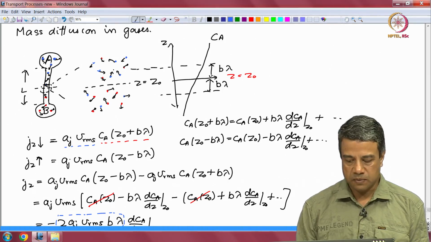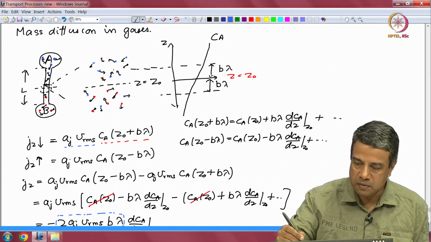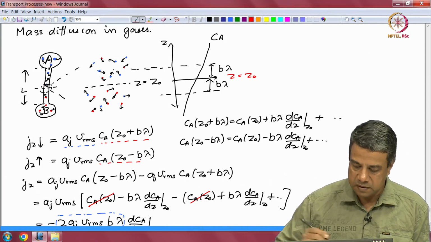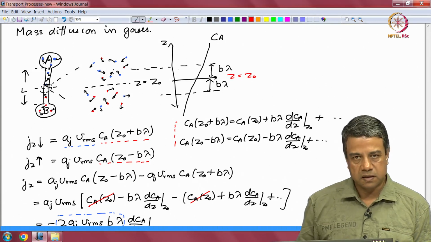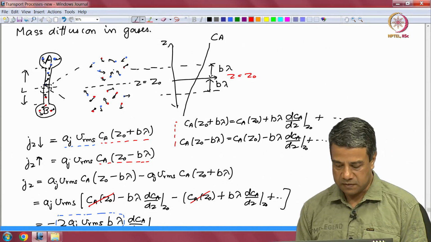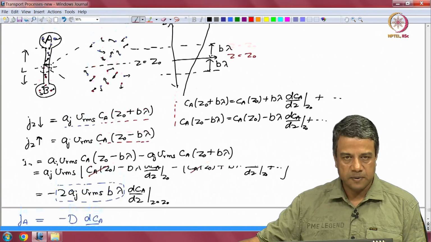Similarly, the molecules going upward come from a distance approximately 1 mean free path below the surface. And we had written down expansions for both of these, concentration above and below the surface, and substituted that.